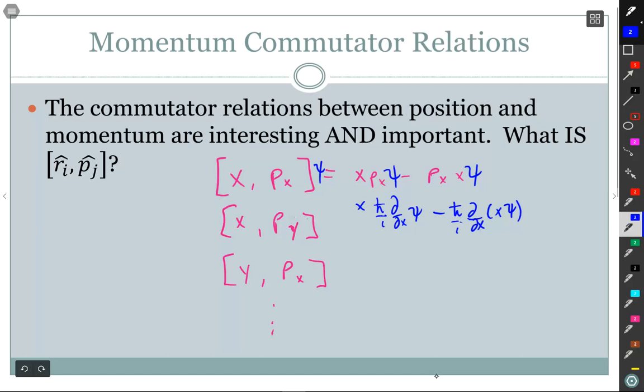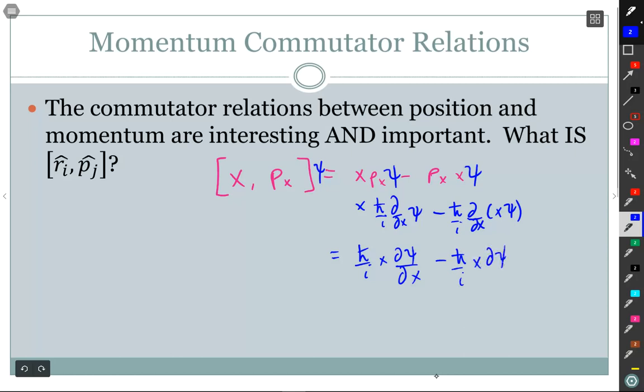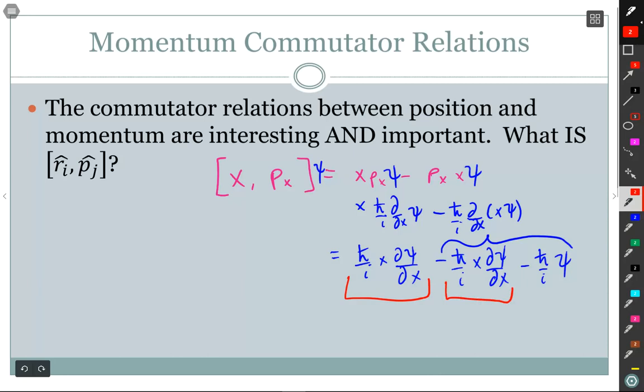Equals h-bar over i x d psi/dx minus h-bar over i x d psi/dx minus h-bar over i psi. I had to use the product rule to get those two terms. And then we say, wow, this one here and this one here are identical, so those add to 0.